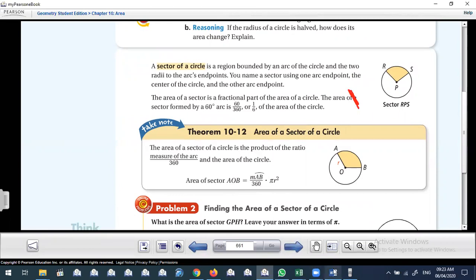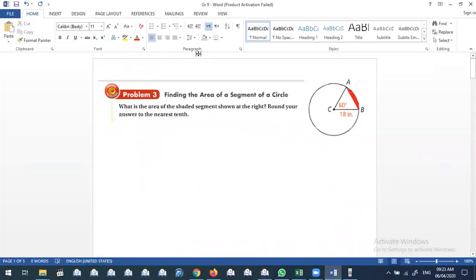So let's use this rule here. First, we need to find the area of the circle first. Area of the circle equals pi r squared. And here we already have r, the radius is 18.